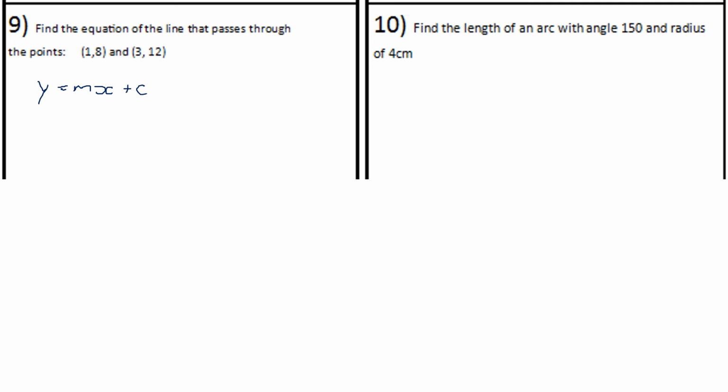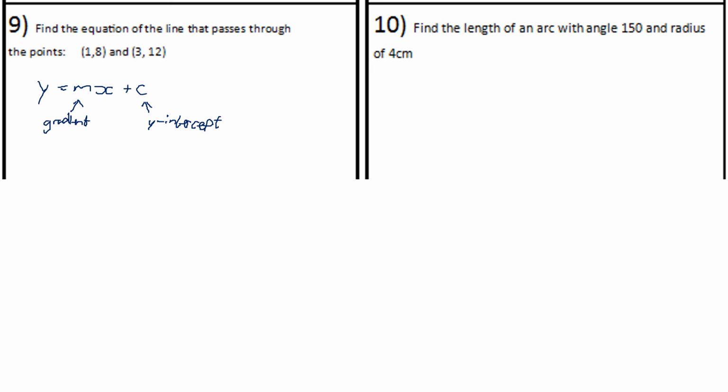There are two important pieces of information here: m, which is our gradient, and c, which is our y-intercept. If you can find those two, we're going to be able to express the equation of the line.